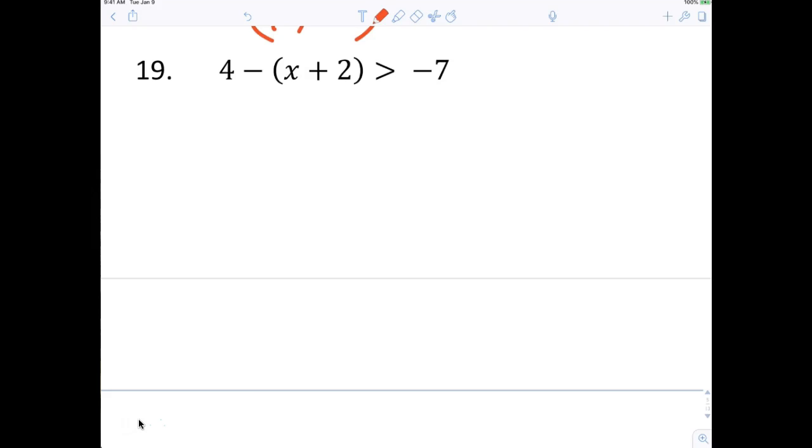Also good. Now, combine terms. Good. No, because this itself is plus there. So you can see why a lot of kids look at that and make a mistake. It's opposite of that.